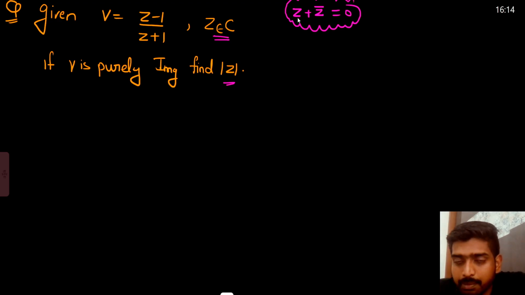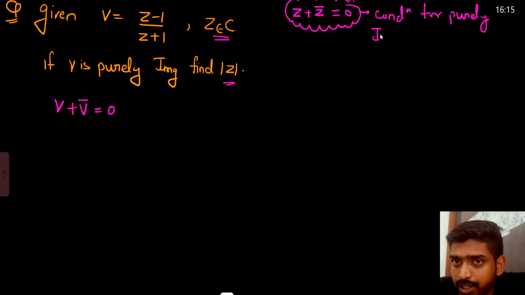It is a purely imaginary number, plus the conjugate of the purely imaginary number, so this will come with a negative sign, so both will get cancelled. y and minus y will get cancelled. So here v they gave, v is what? Purely imaginary. So here we'll use this equation only. If v is purely imaginary, that means v plus v bar is equal to 0. This you can note down, that this is the condition for purely imaginary complex numbers. Got it?